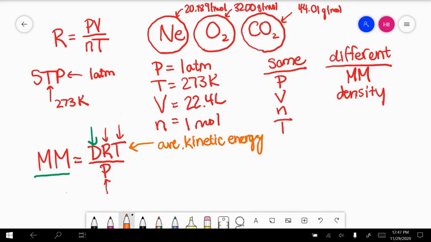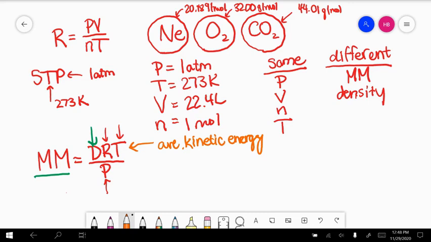So that means that if you are at the same temperature, it doesn't matter what substance you have, you have the same average kinetic energy. That does not mean that every molecule has exactly the same kinetic energy. There are going to be some that move faster and some that move slower, but the average kinetic energy in the sample will be the same if the temperature is the same.